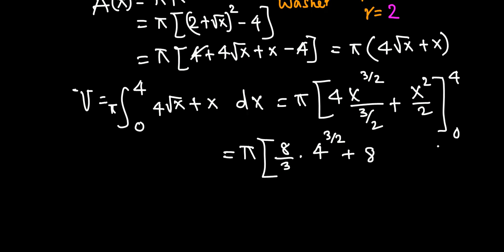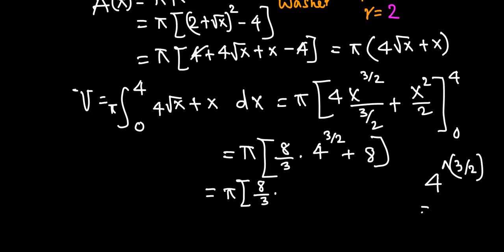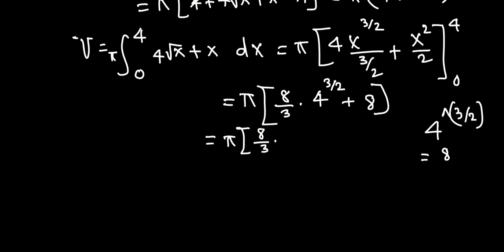That's the upper limit. Now 4 raised to 3/2: 4 is 2 squared, the square cancels, so 2 cubed, which is 8. You can also use your calculator.